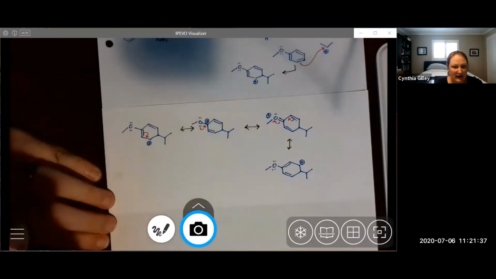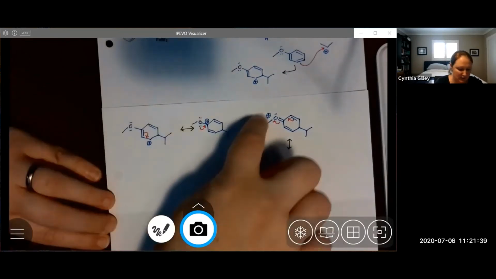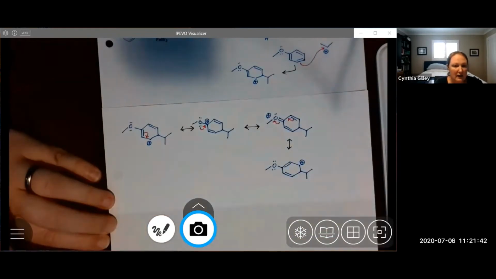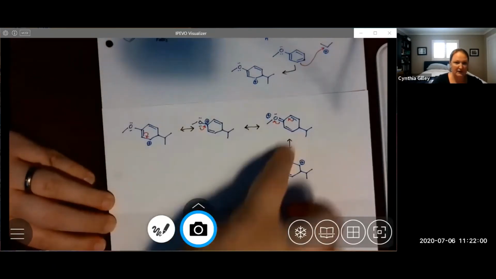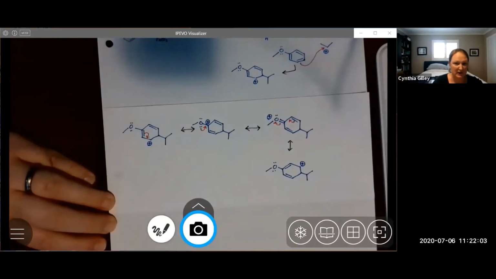If we do a meta attack, we're not able to involve the oxygen in resonance. So it's not as stable an intermediate, which means it's going to be a higher energy activation for the rate determining step to get to that intermediate. It will be a slower reaction. Okay, so these are all the resonance contributors for the arenium ion, also known as the sigma complex.